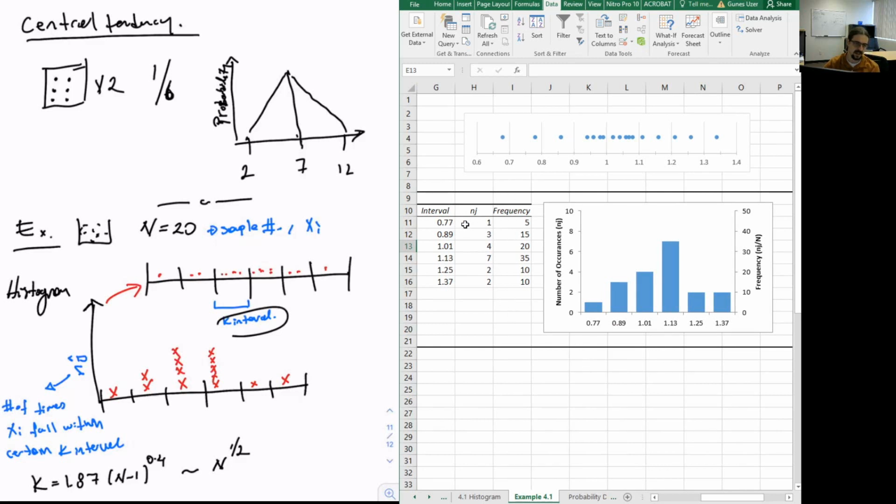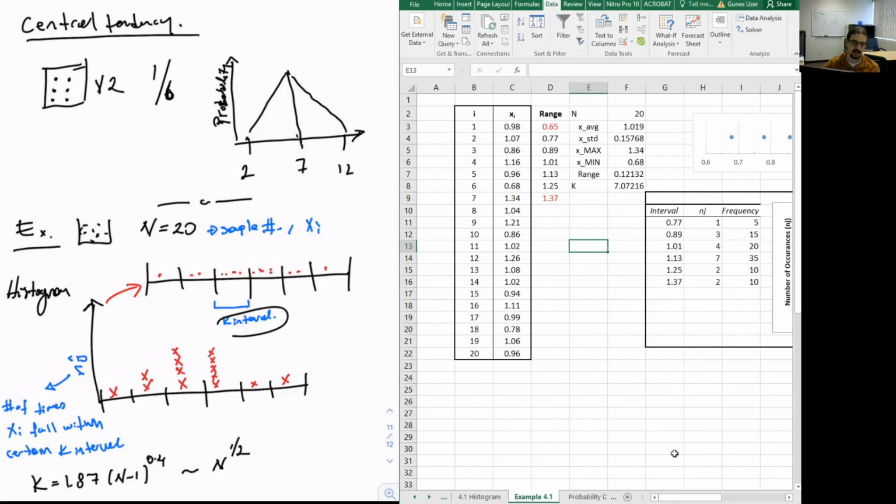It says that the number of intervals that I should use I've calculated by 1.87 times (20 minus 1) to the 0.4, and I think I missed this here, it's plus 1. Okay? So then I'm using this estimation here.